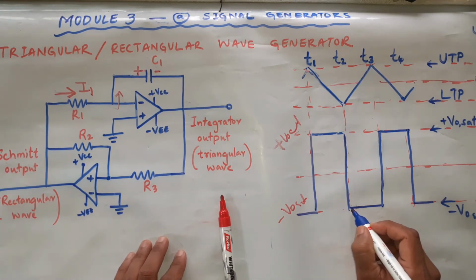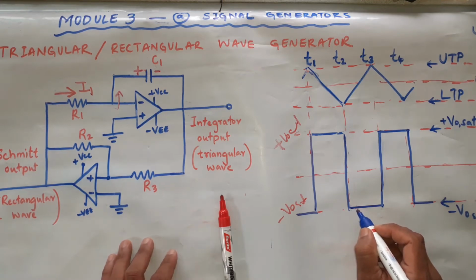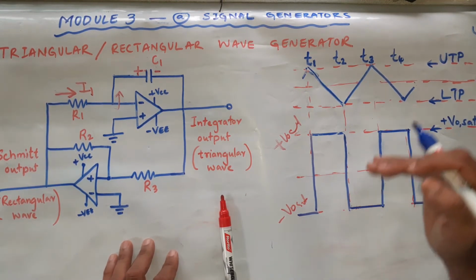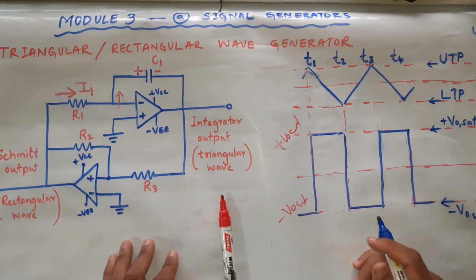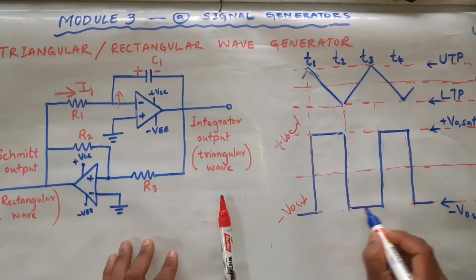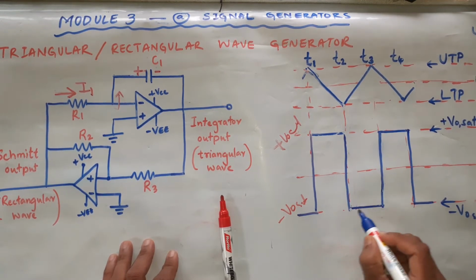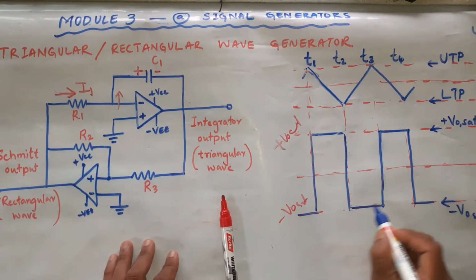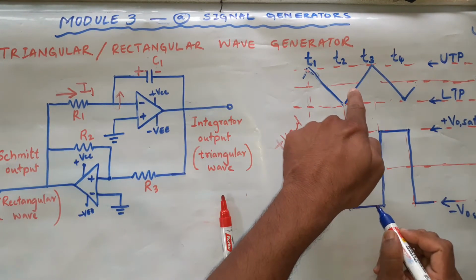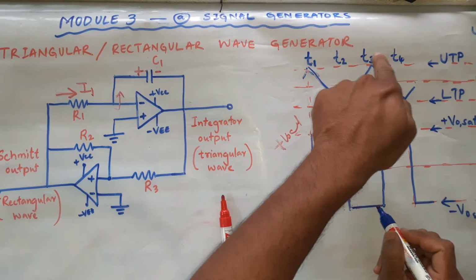It remains here. The Schmitt trigger output will remain at minus V naught sat until the integrator output reaches UTP. I will repeat: it remains at minus V naught sat until the output of the integrator reaches UTP. That is at T3.